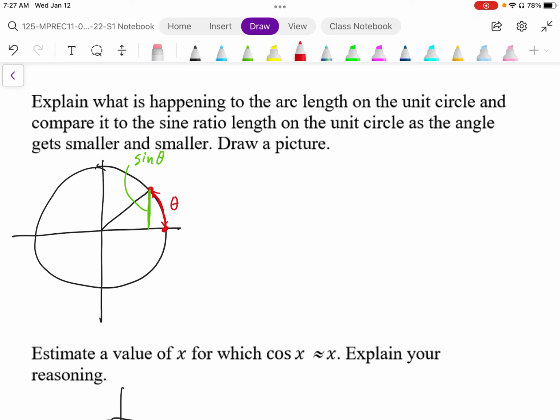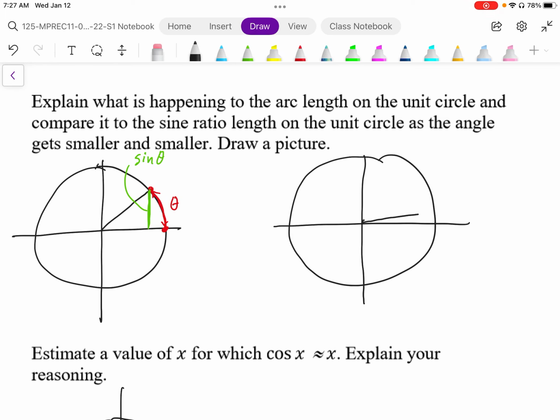And those lengths aren't that close in length. They're relatively close, but not that close. But as we make the angle smaller and smaller, I'm just going to sketch a different picture here. So with a really small theta, what ends up happening is this curved length and this straight line length here become closer and closer.